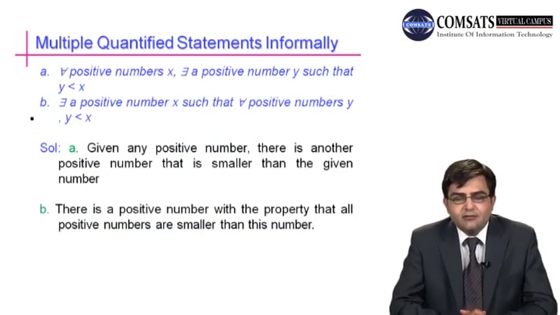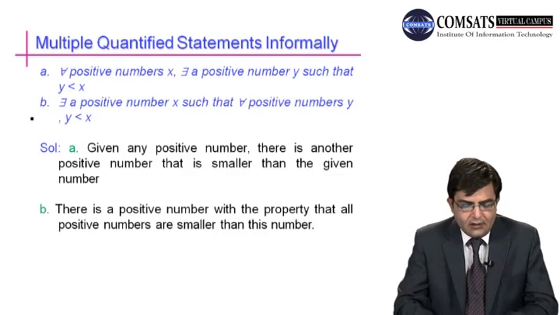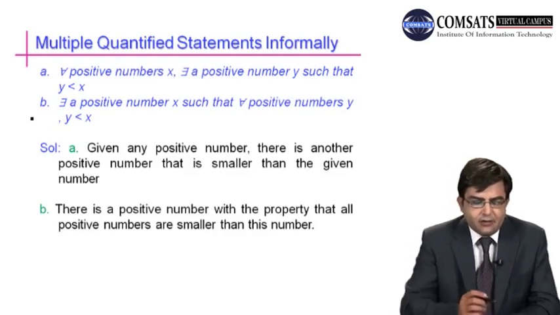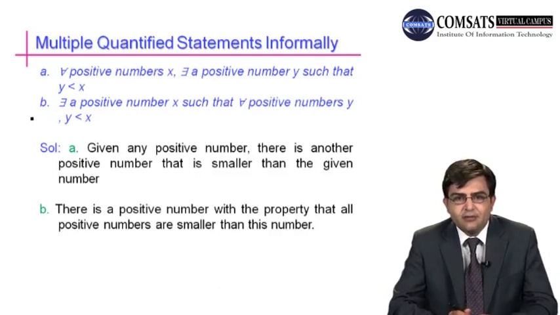the statements which involve both quantifiers, existential and universal. For example, the first example: for all positive numbers x there is a positive number y such that y is less than x. How can we say this statement informally?